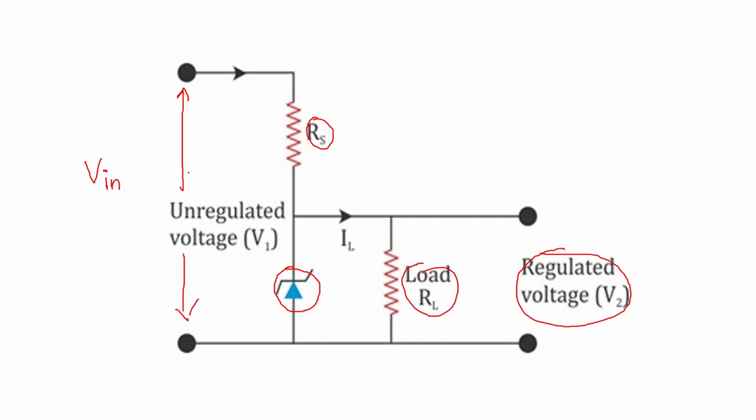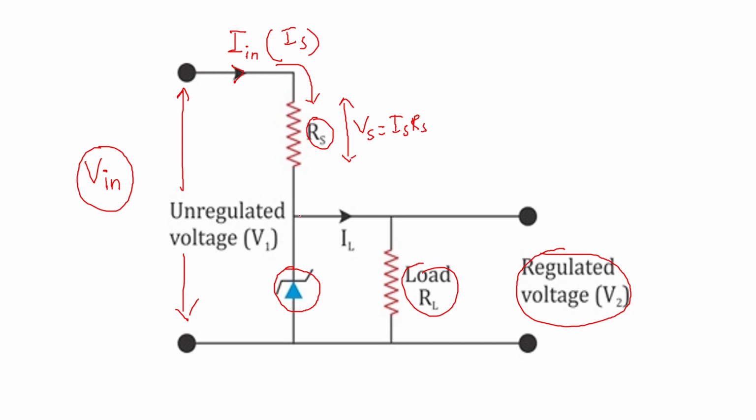Now the V in that you apply at the input is going to produce the current IS, or we can also name it I in. This current, whatever you name it, is going to flow through RS, so it is going to develop a voltage across RS. This voltage, we will name it Vs, is equal to IS into RS.